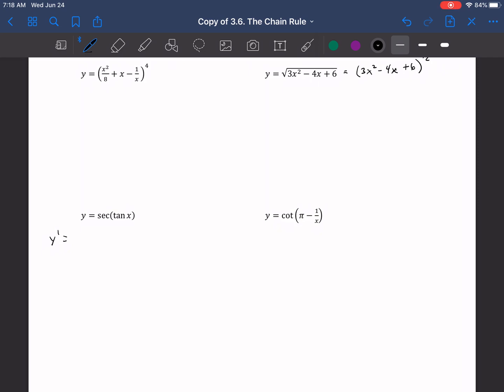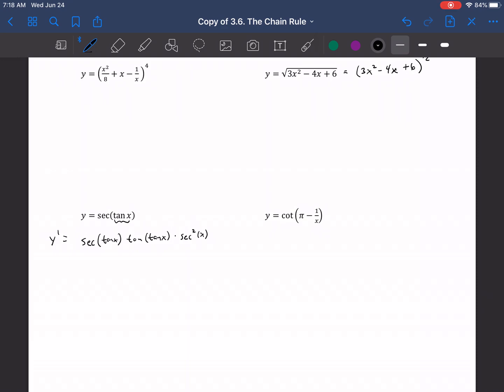So this is going to be secant of tangent of x times tangent of tangent of x, okay, times the derivative of what's on the inside. Well, the inside is tangent of x, so the derivative of tangent is just secant squared. Just like that. Okay? And that's it.